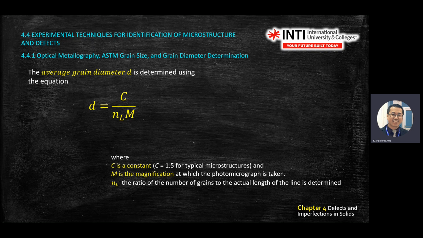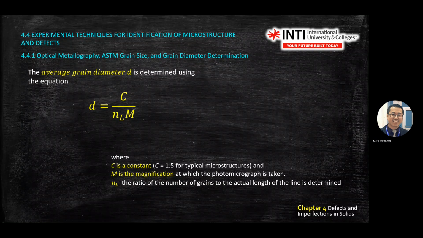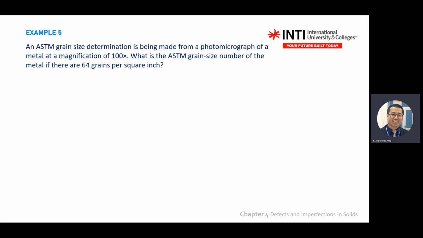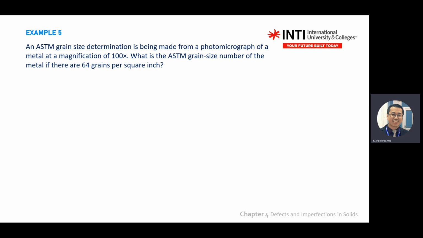So we look at one example, how we use this formula for your lab report. You are given a grain size determination, magnification 100. What is the ASTM grain size number if there are 64 grains per square inch?